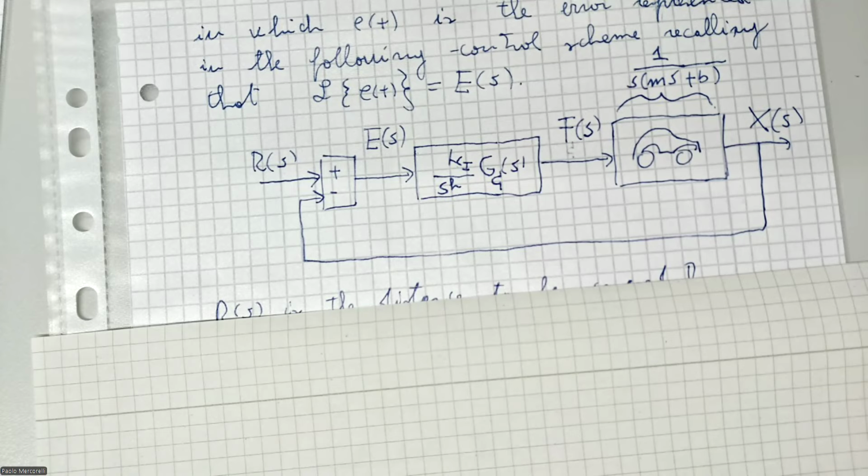This structure here is very used because we will see that with this structure we will end up today in the PID controller, or more generally lead-lag controller, let me say so, which are really used very often in automation.